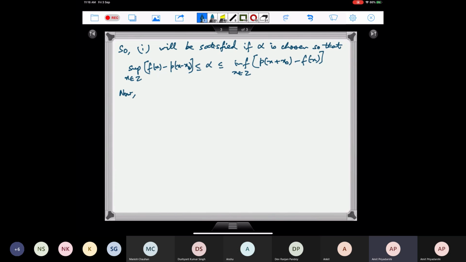So if we have any x and y belonging to Z, we have f of x plus f of y. This is equal to f of x plus y because f is linear, and f of anything is less than or equal to p. So this is less than or equal to p of x plus y.